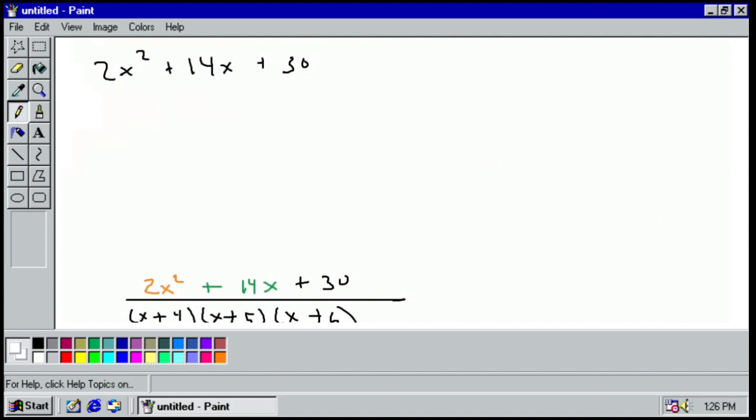So I guess this will be the final answer. Since we can't really simplify, if we need decimal points, we can solve that using the quadratic formula. But I'm not going to do that in this video, so this will be the final answer for our solution. So that's it for this video. Thanks for watching.